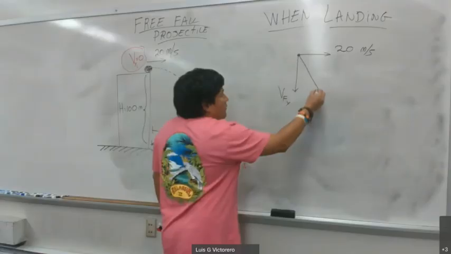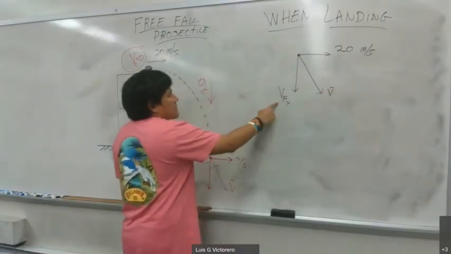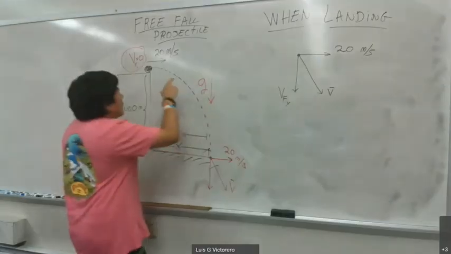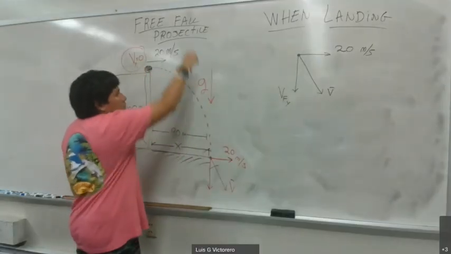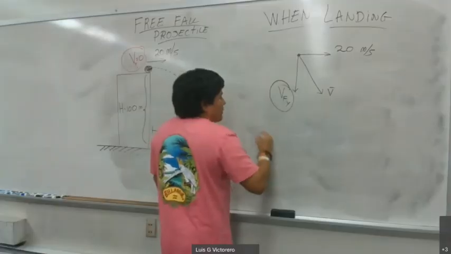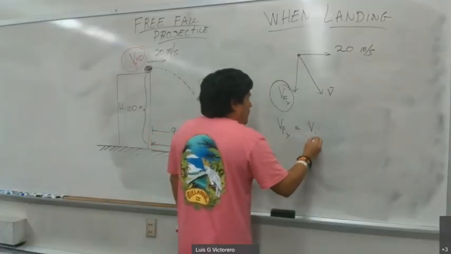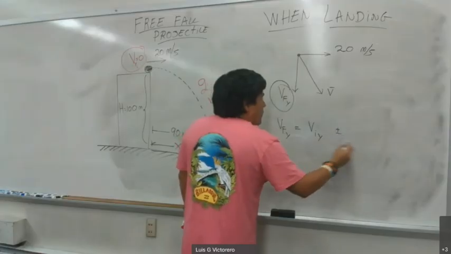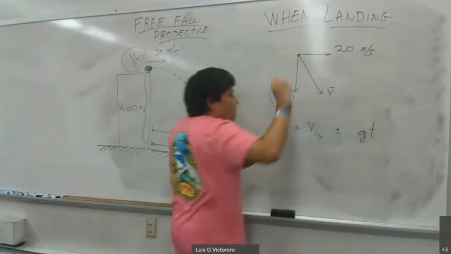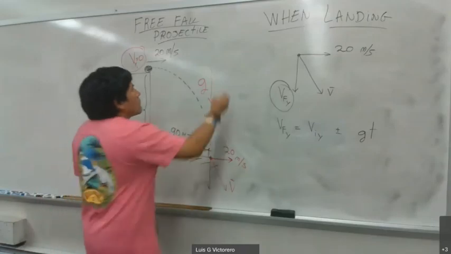My resultant will be. So how do I find that? You know that here is 0. Gravity is pushing it down. So we can find this by using, what was the time? 4.5 seconds, right?